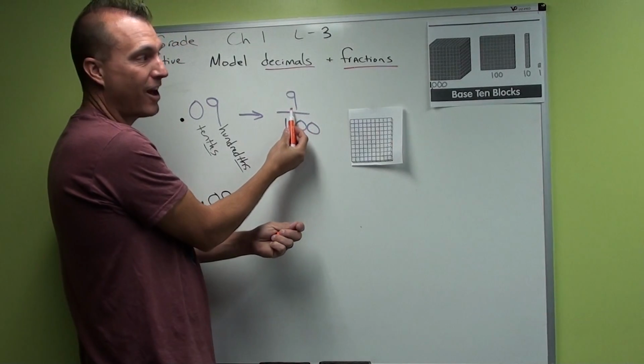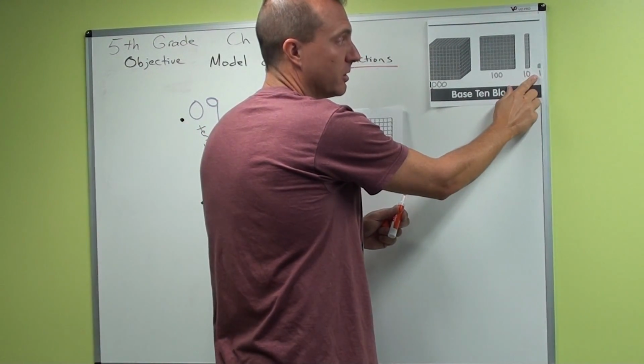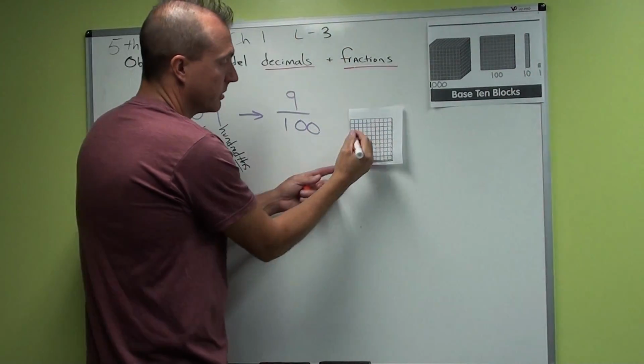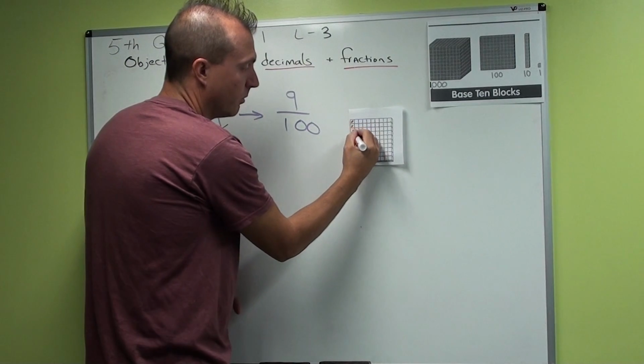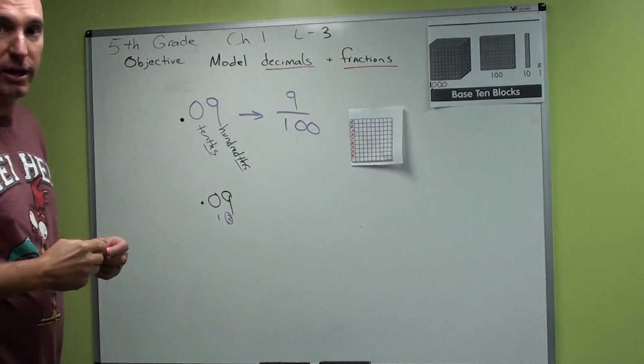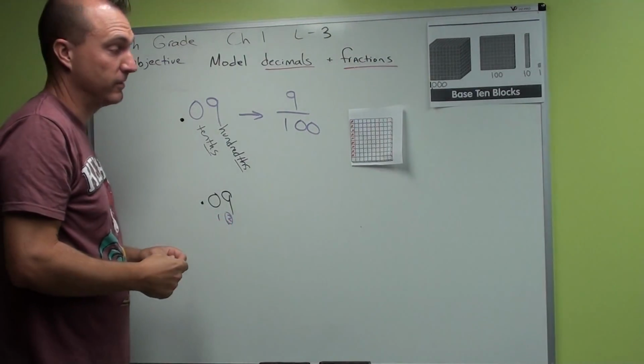We're only going to fill 9 single cubes, because each one only represents 1. 9 out of 100. So it's 1, 2, 3, 4, 5, 6, 7, 8, 9. 9 out of 100. Okay? Then you're finished. That's it.